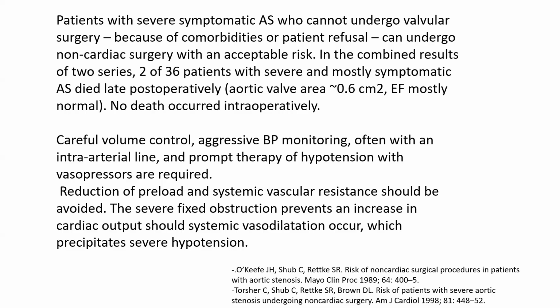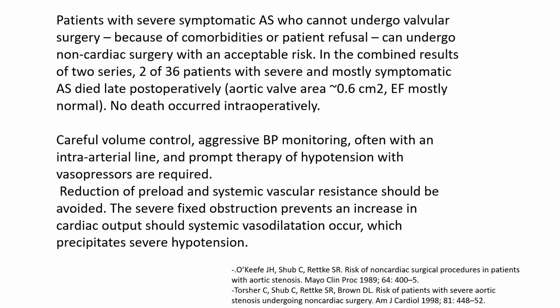There were 2 series addressing severe symptomatic AS who cannot undergo valvular surgery because of comorbidities or patient refusal, and this was before the era of TAVR. Those 2 series showed that these patients can undergo non-cardiac surgery with an acceptable risk.